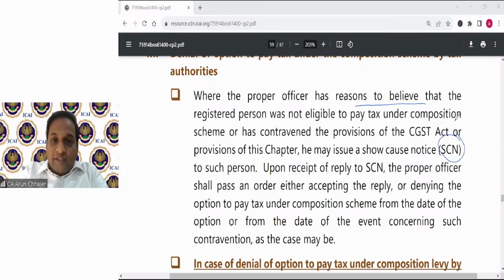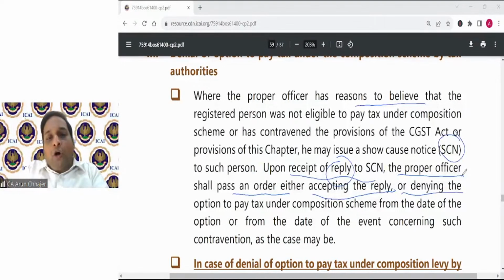Which person? The composition person. Upon receipt of the notice, he will give the reply, and once the reply is received, the proper officer shall pass an order either accepting the reply or denying the option to pay the tax under the composition scheme from the date of the option or from the date of the event of such contravention, as the case may be.